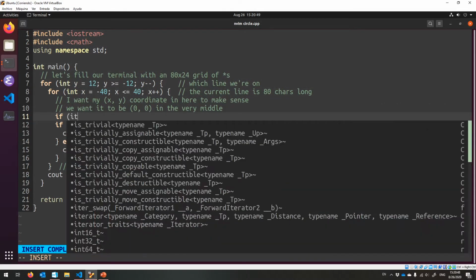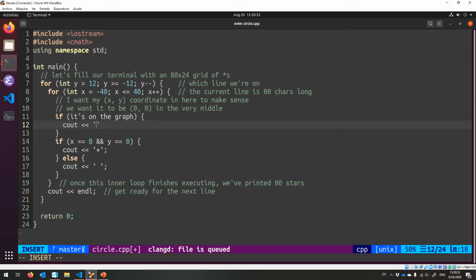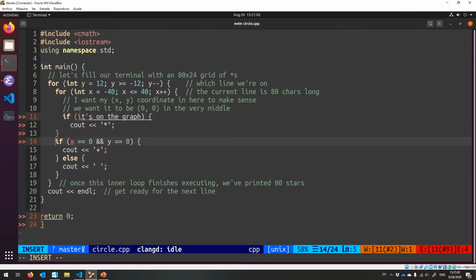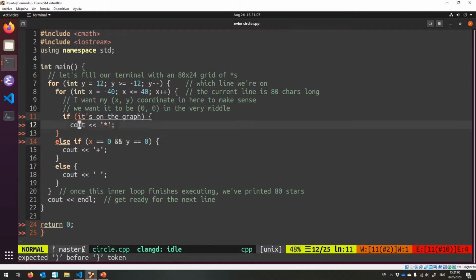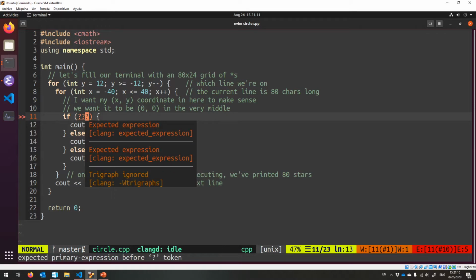If it's on the graph, I'm going to print maybe a star character, and then this will be an else if, let's say. There. Okay.